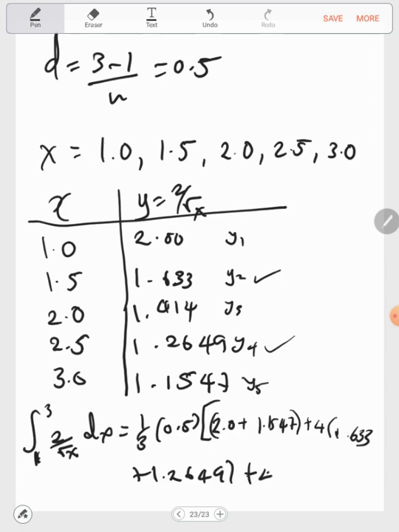Then we get a 2, and 2 multiplied by the odd, and in this case the odd that is remaining is just this one, because we have already used the first and the last. So the odd remaining is just 1.414. Then when we compute that, we'll find 2.929.